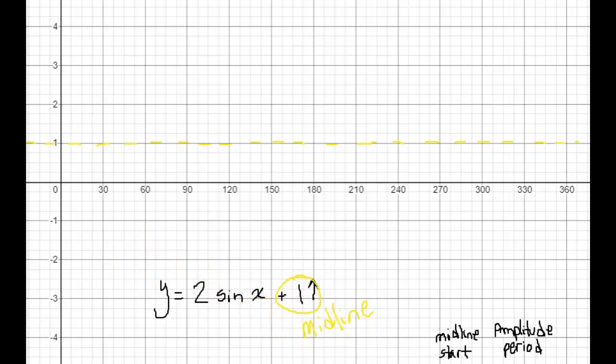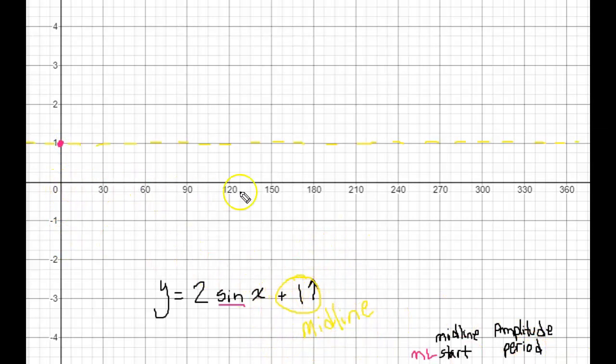Now, I do notice that it is sine. So sine tells me that I'm going to start on the midline. I'm not starting at the maximum, I'm starting in the middle. So I know that my graph is going to start right there on the midline. There's my first start. Now, a period, we said, was 1 full rotation around the circle.